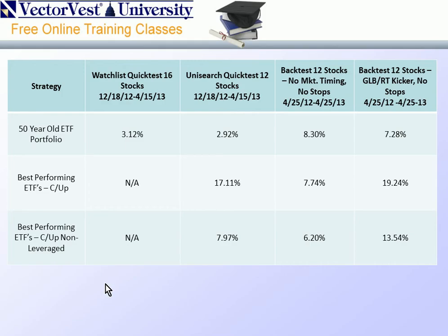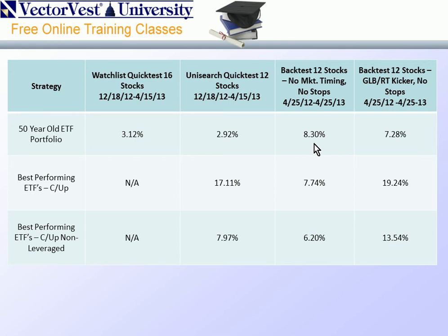And so we've created a table here that tells you the strategy name. First looking at the 50-year-old ETF portfolio, just doing a quick test of the 16 stocks we would test gave us that return of 3.1. A Unisearch over that same time frame with the volume parameter included gave us just below 3%.